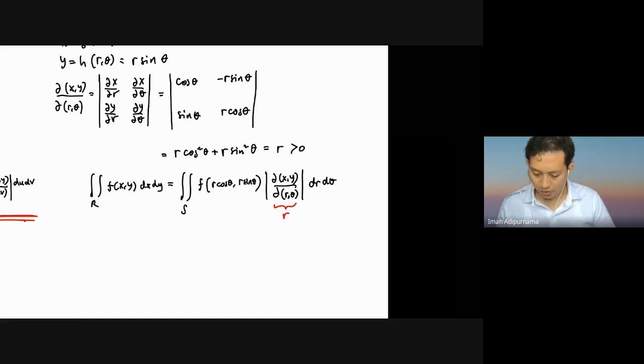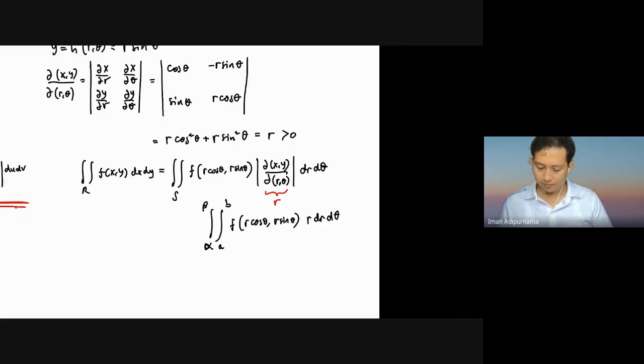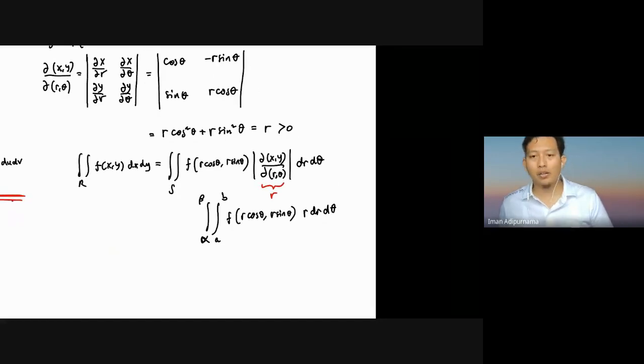So that's why you are getting, let's say this is alpha, beta, and a, b, and write all together r dr d theta. Okay, so that's how you are going to use the Jacobian.